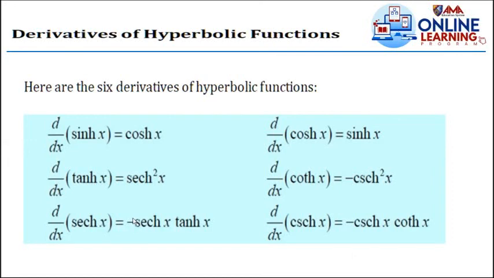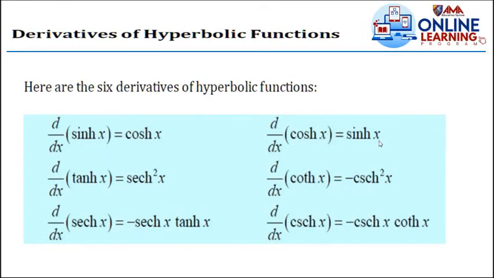Okay? So by this time, we have the negative sign. In your 6 trigonometric functions, derivative of secant x is positive secant x tangent x. But in our hyperbolic, we have negative. Next, we have the derivative of cosine h x with respect to dx. By this time, we have positive sine h x. Just like in your trigonometric functions, the derivative of cosine is negative sine.